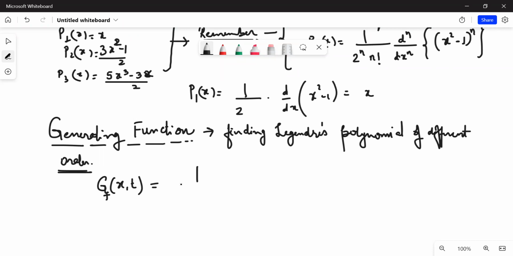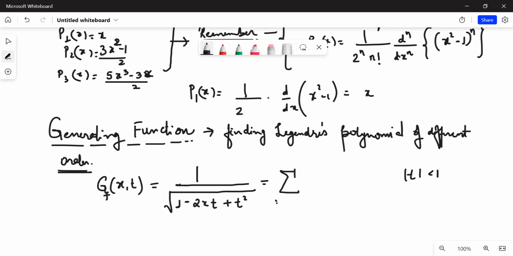And generating function is given by 1 over root over 1 minus 2xt plus t square. Okay, and what happens is if mod t is less than 1, then if one expands this particular term in a binomial expansion, you get this equivalent to this particular expression.